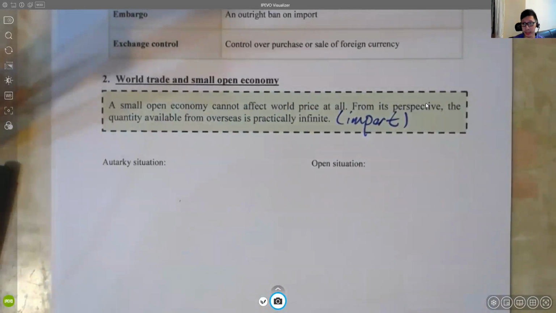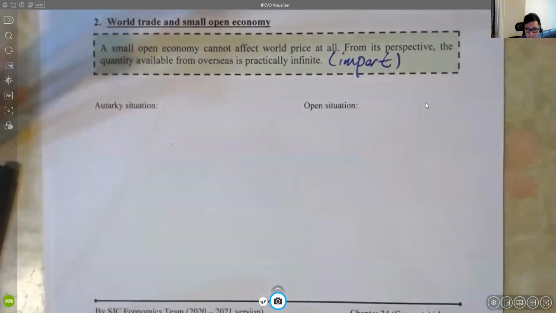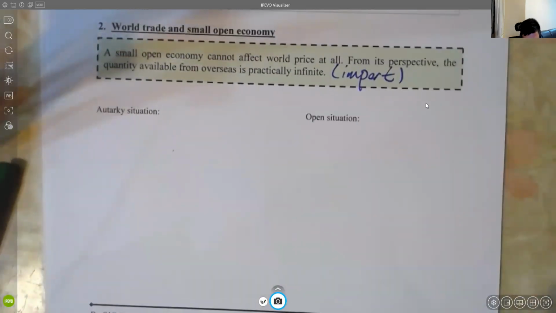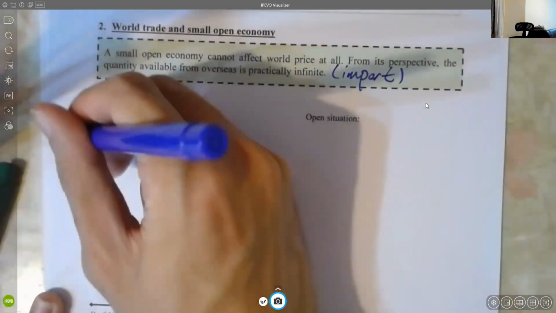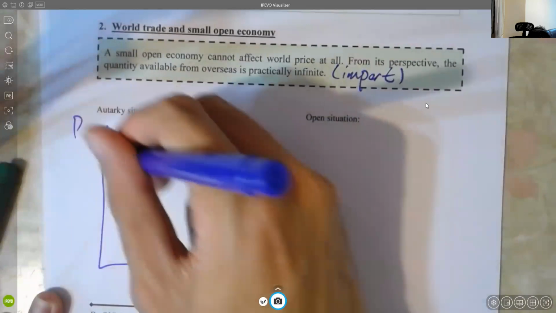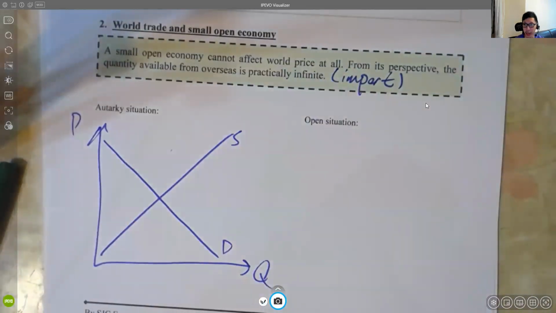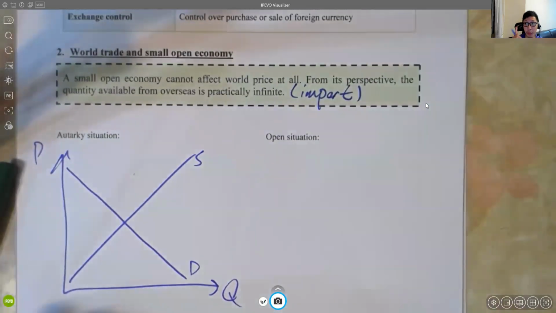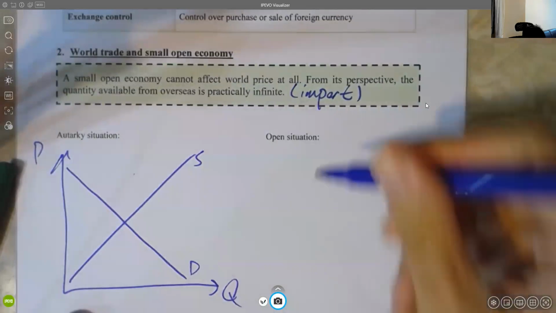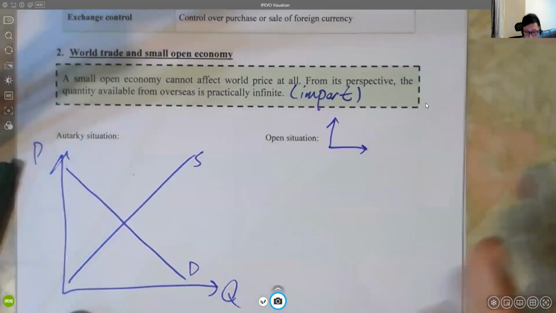So let's talk about what happens without trade. Without trade is easy, right? Just our normal demand and our normal supply. Nothing special. Now, what about in a so-called open situation? We have trade. Then you need to know there are two supply curves in force.